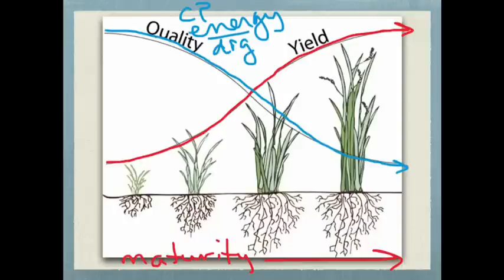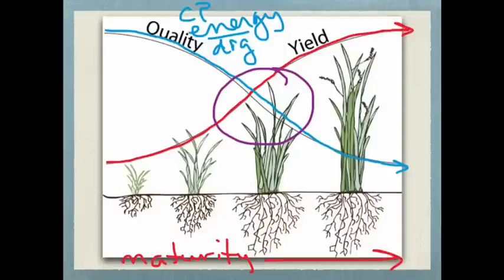And so as livestock producers, we are looking to try to capitalize on forage quality that optimizes yield and optimizes quality in especially grazing programs, or when we're harvesting like a hay production. We want to get as much yield as we can, but we don't want to come too far out into the extreme of maturity and lose forage quality.